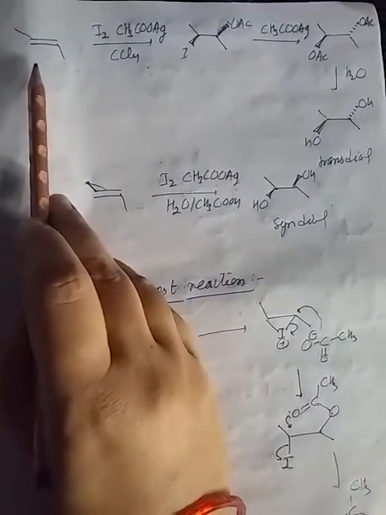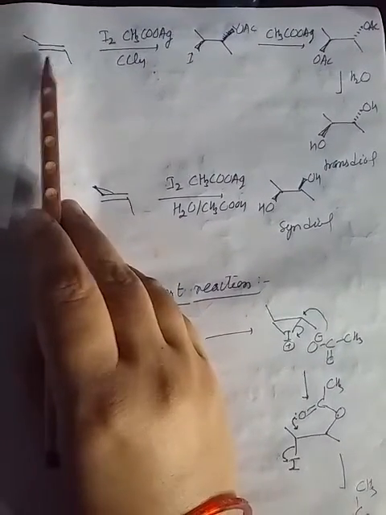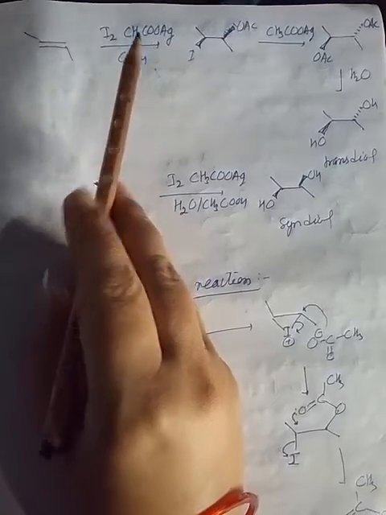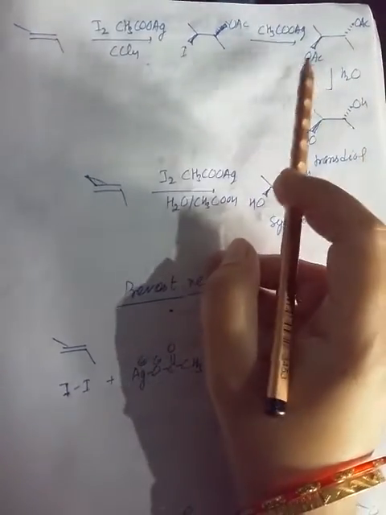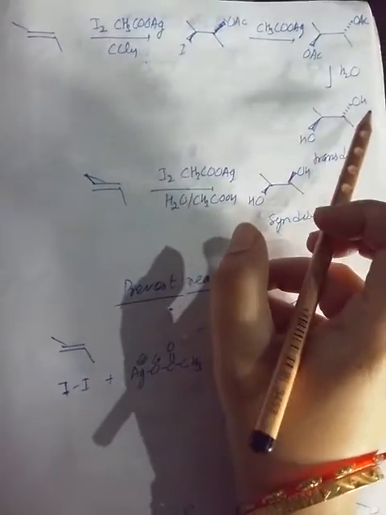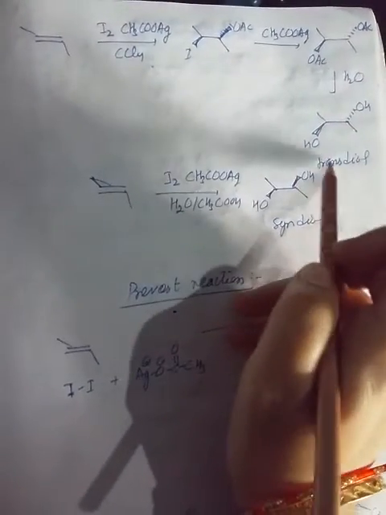In anhydrous condition, alkene reacts with iodine silver acetate in carbon tetrachloride. It gives diacetyl derivative, which on hydrolysis gives diol, and this type of diols are trans diols.